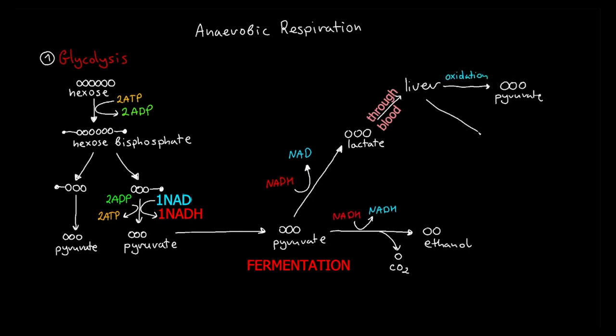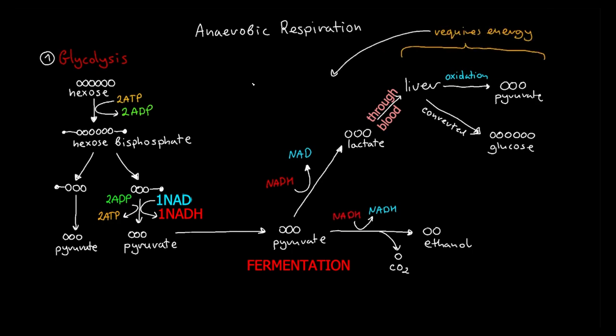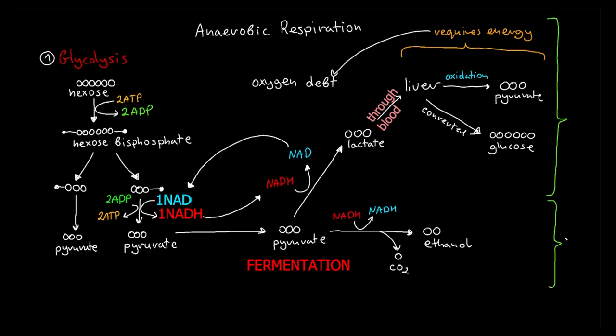Later on, lactate is going to be transported to the liver via blood, where it will get oxidized in order to form pyruvate, or it also can be converted to glucose. Both of those products will be reused in glycolysis in order to renew the cycle.